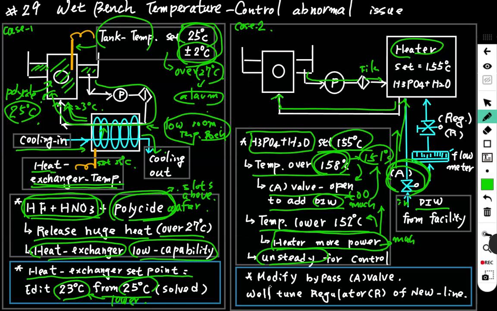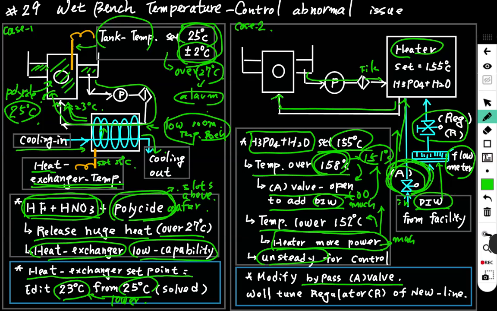So we modify first of all to bypass the valve A, the original DI water in valve, and we add a regulator here, regulator R, and we add a flow meter and let the DI water in.